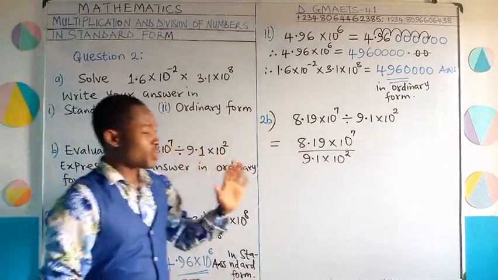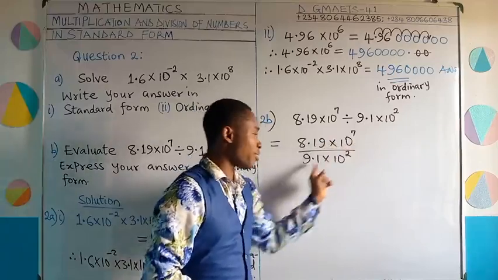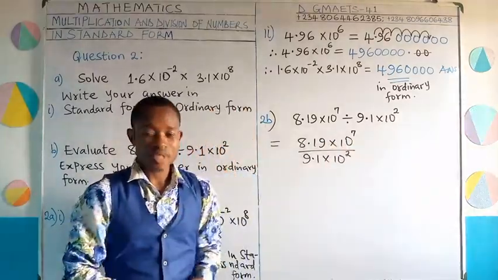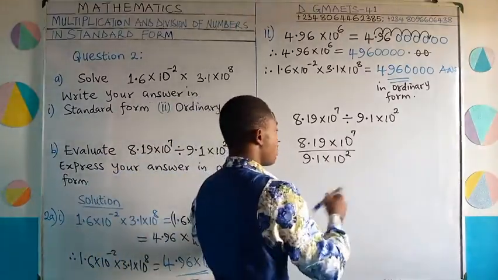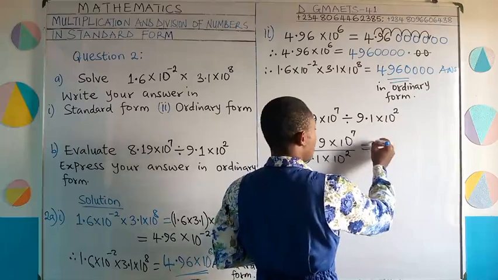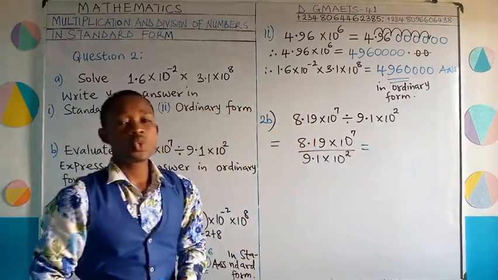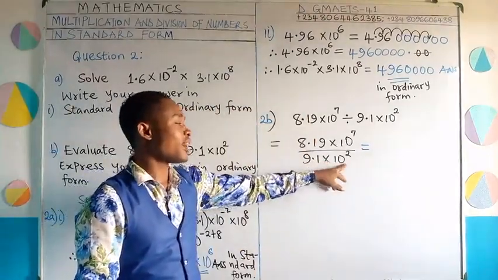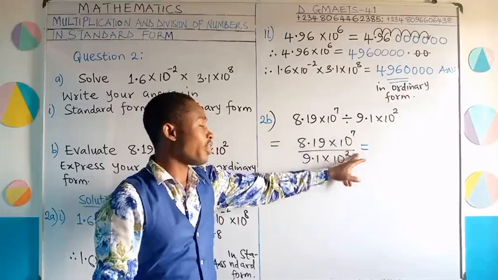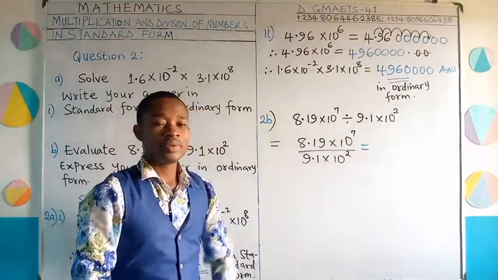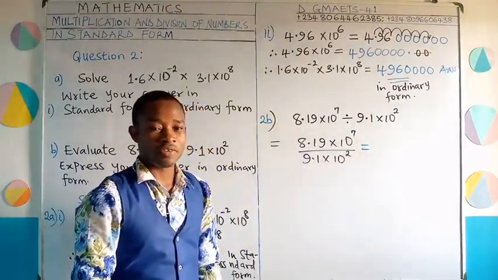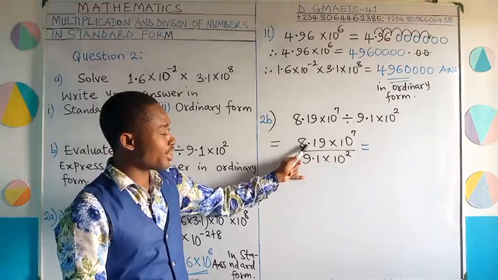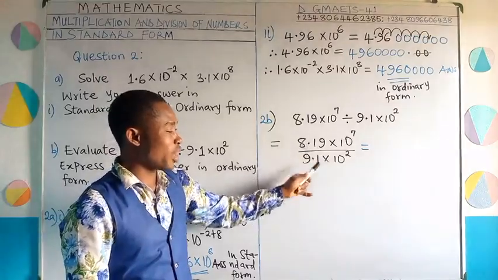If you look at this, I'm dividing this number by this. We need to apply the division law of indices. And of course, to do that, I'm going to rewrite this as 8.19 divided by 9.1, then times 10 raised to the power 7 divided by 10 raised to the power 2. But there is something I want you to take note of here. If I am dividing this, I'm going to divide 8.19 by 9.1.